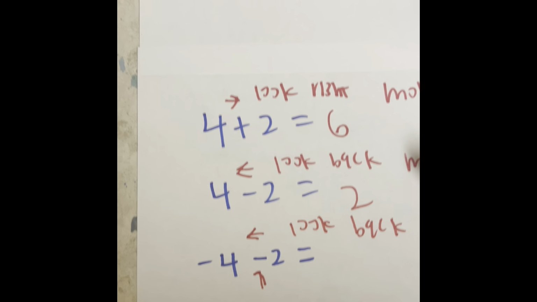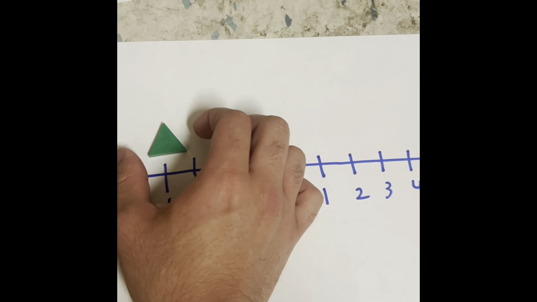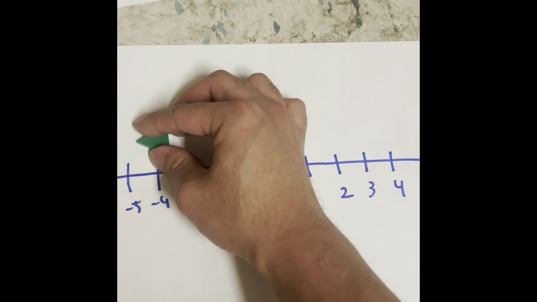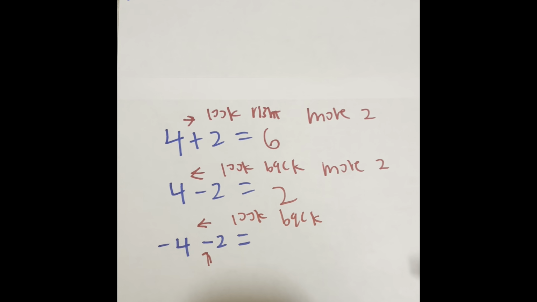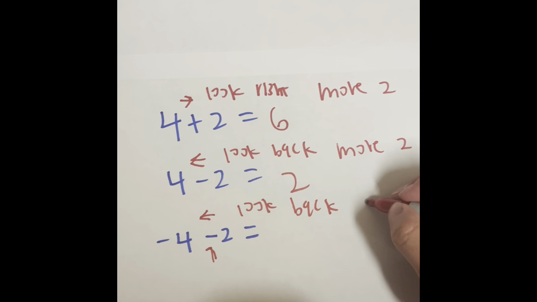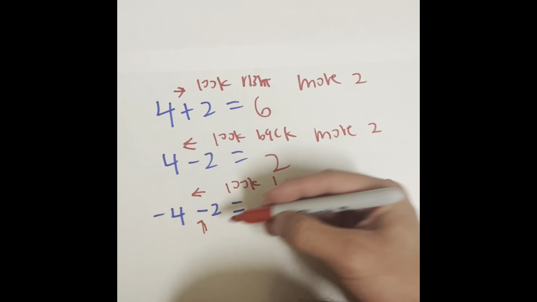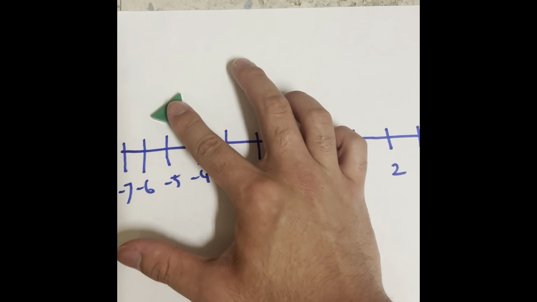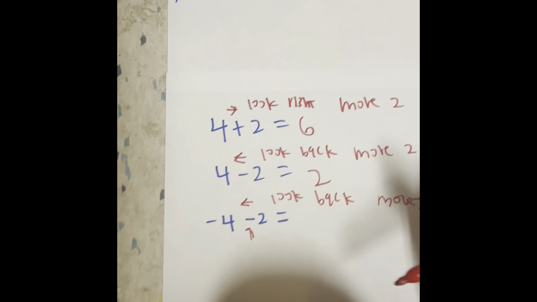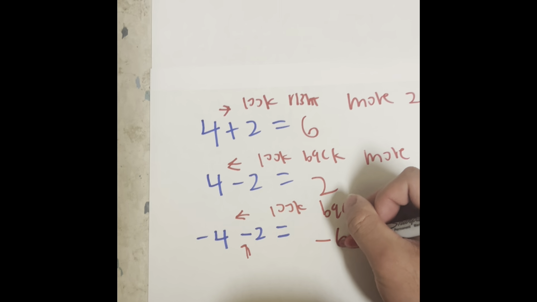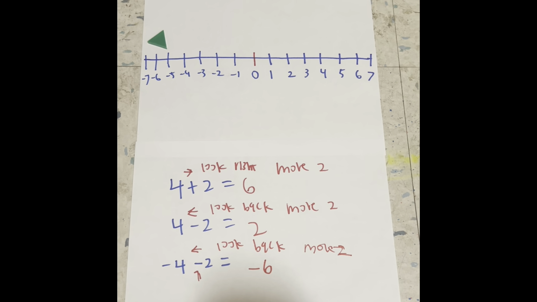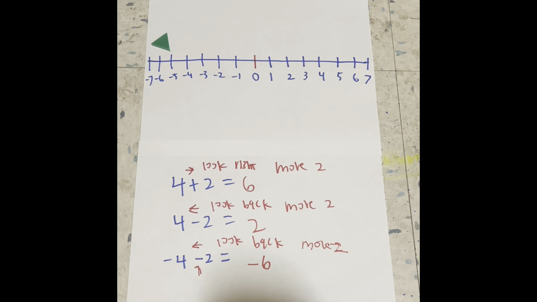That means the triangle is going to go backwards to the left. That tells us to move 2 units because we have a number 2 there. 1, 2, and we stop at -6.